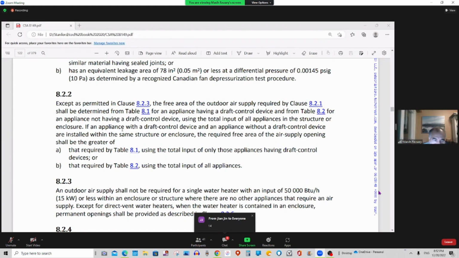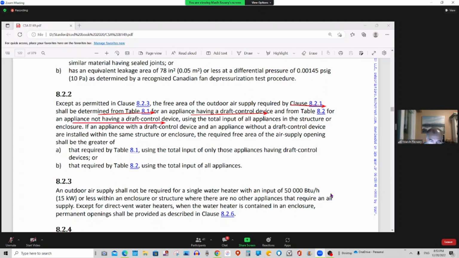In 8.2.2, it says if you have two types of appliance, one with draft control and one without draft control, and both in a structure complying with 8.2.1 A and B, now we need an opening.